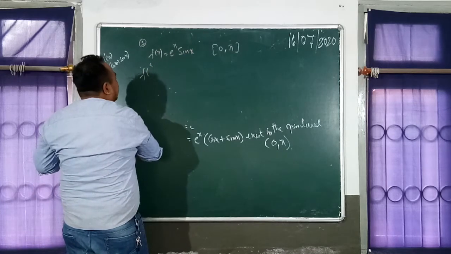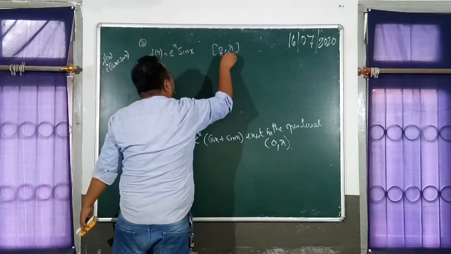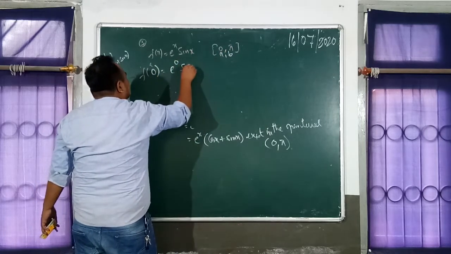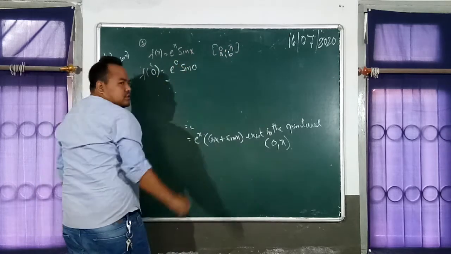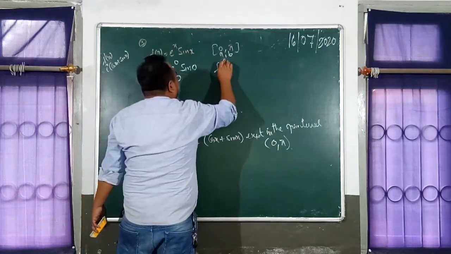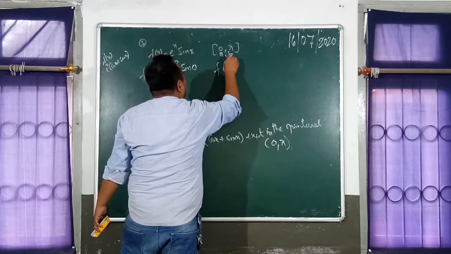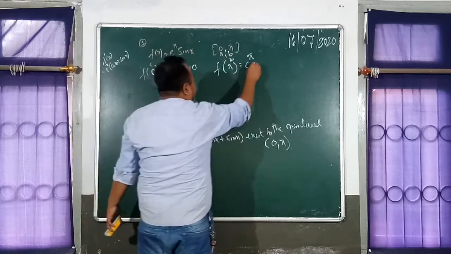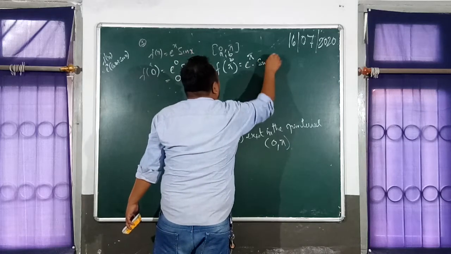What is the value of a? a and b. So a is 0. So e to the power 0 into sin 0. Sin 0 is 0. So 0 into anything is 0. So f of b is at pi, so e to the power pi. We don't know the value of e to the power pi, but we know that sin pi is 0.